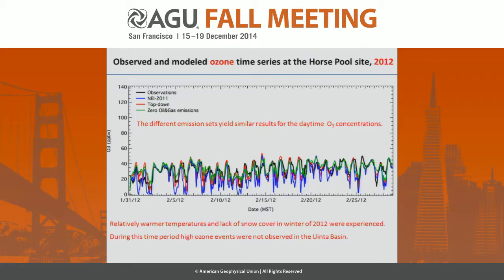You may be wondering why I use this scale, because in 2013, the ozone mixing ratios were very high. What you see in 2012, as I said, is that no high ozone cases were observed.